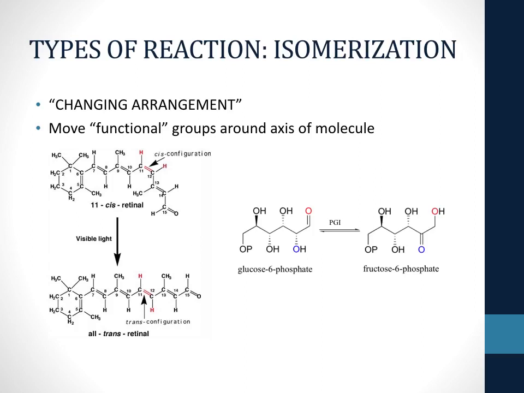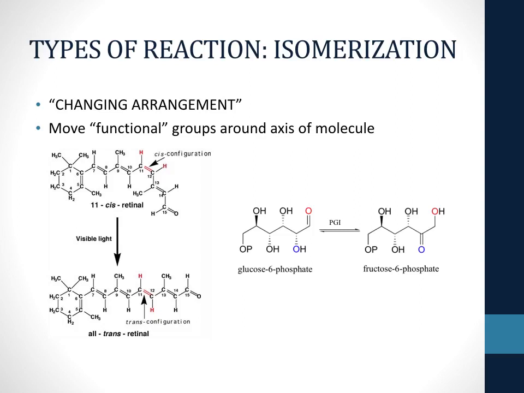The way in which we get this change of molecular shape is through a reaction type known as isomerization. Isomerization simply means I'm changing the arrangement.